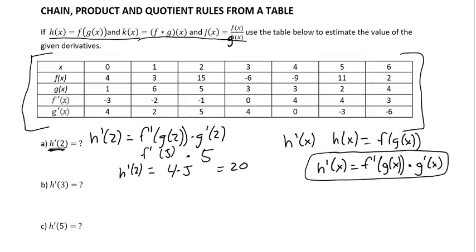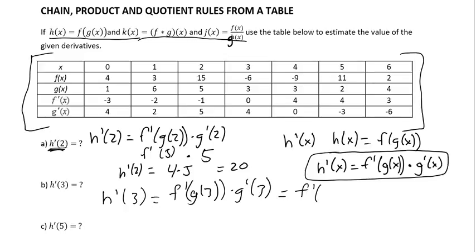So h prime of 3 would just be f prime of g of 3 times g prime of 3. G of 3 is 3, and g prime of 3 is 4.